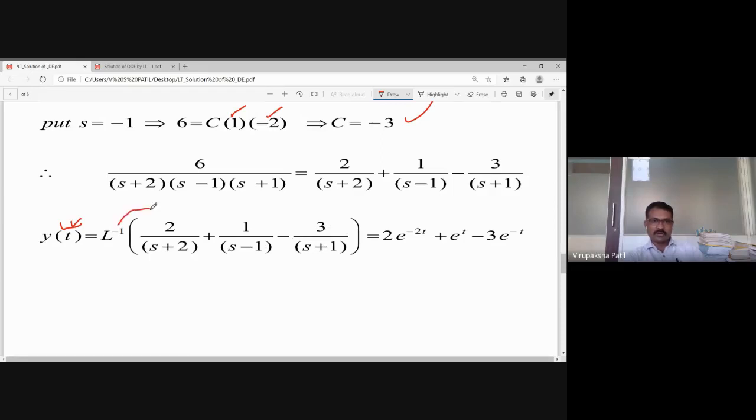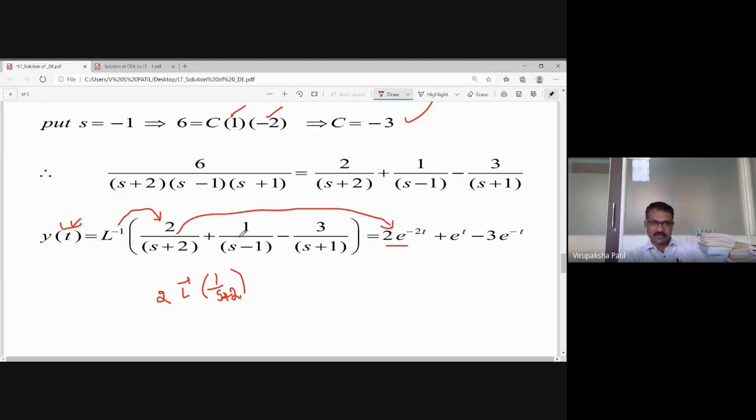Now, operate this L inverse operator on this. 2 is a constant quantity, so it becomes L inverse of 1 divided by s plus 2, using the standard result for 1 divided by s plus a. This becomes 2 into e to the power minus 2t.